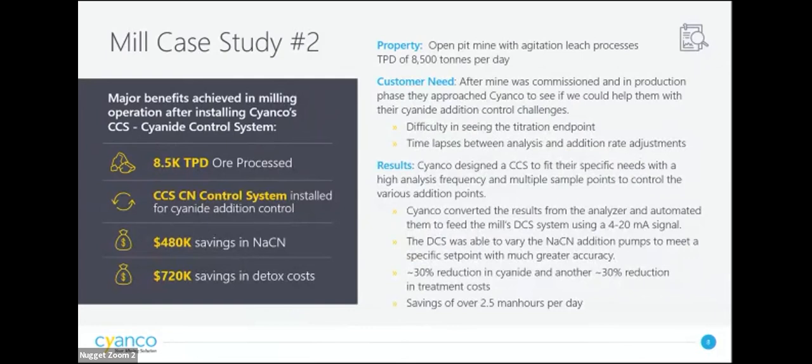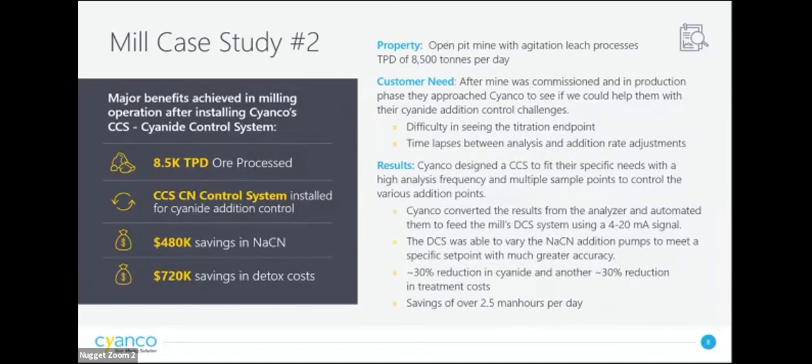Case study number two: the client was having difficulty seeing the titration endpoint. They also had challenges with the time lapse between analysis and the additional rate adjustment.